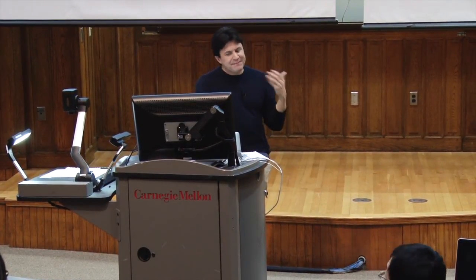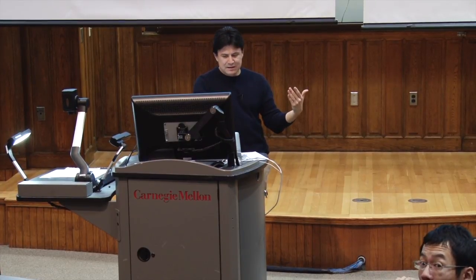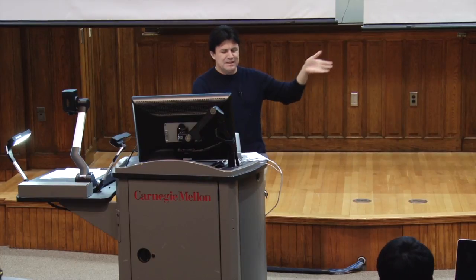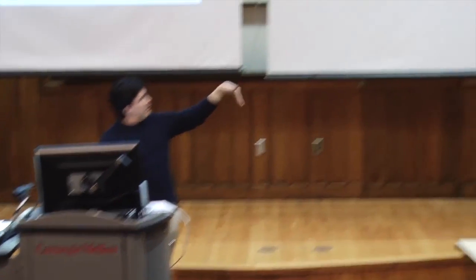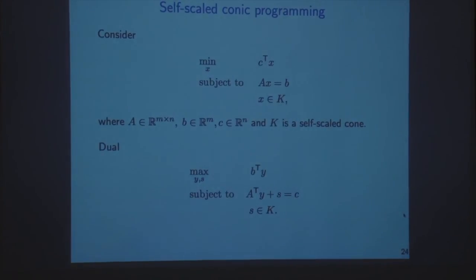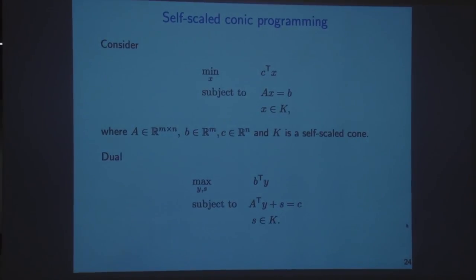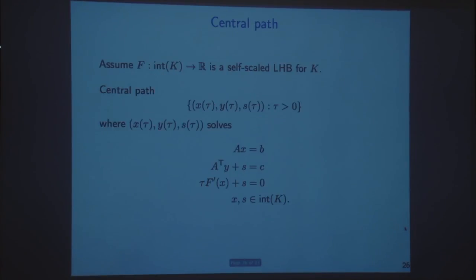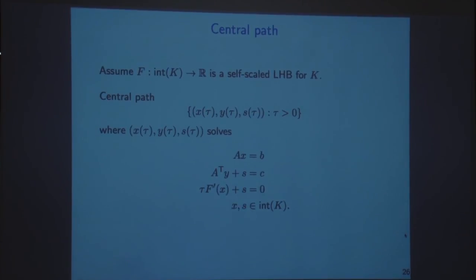So the very last thing that I want to say is, there is all the relevant machinery. We have the primal problem, the dual problem. Self-scaled cones are self-dual. And then we have optimality conditions. Then we have something like the central path.